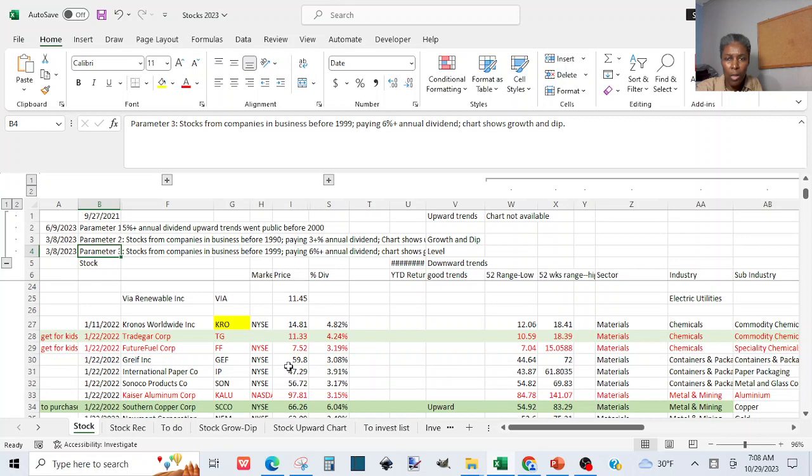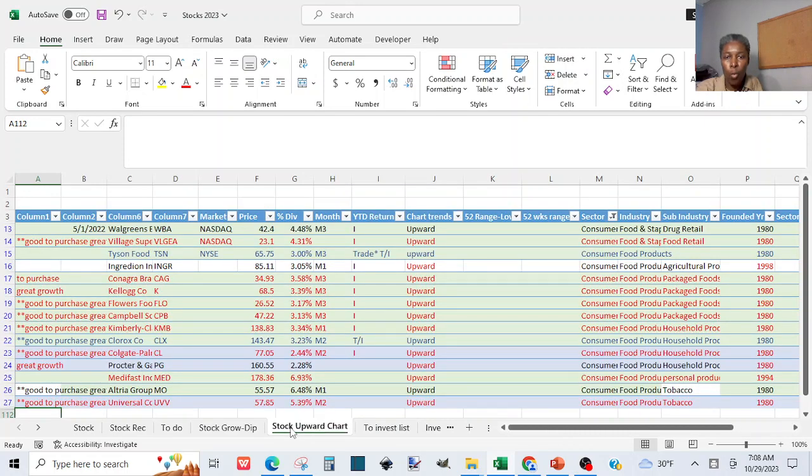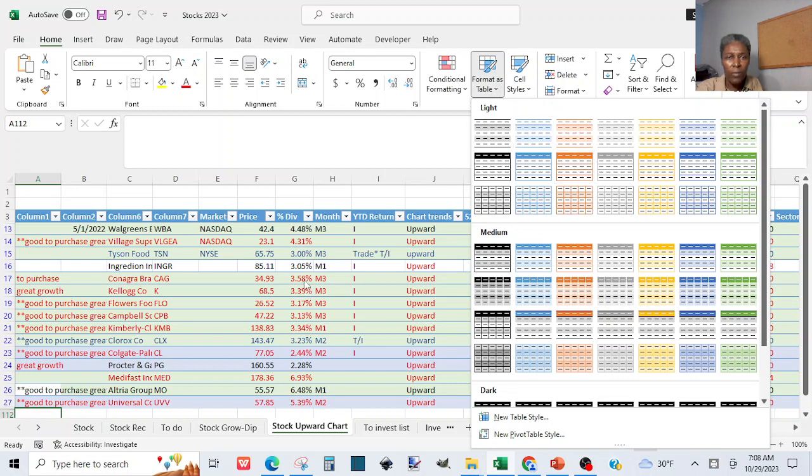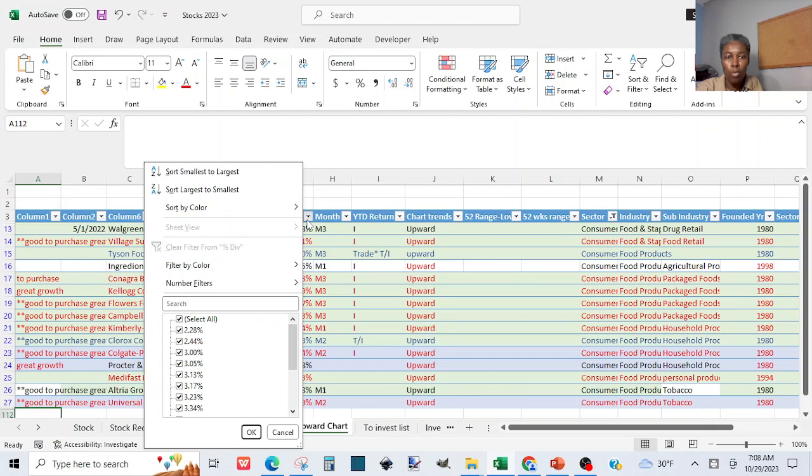Another thing I like to do as well is refilter all of them, so that I can have growth and dip together by themselves, and upward together by themselves as well. That way I can filter. You turn it into a table, and you can just filter by dividend yield and go from there, by investing in the high paying dividend first.